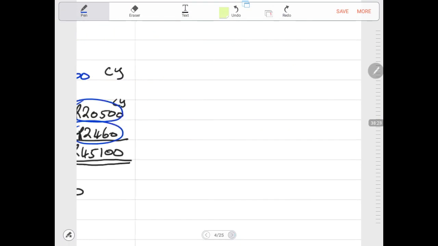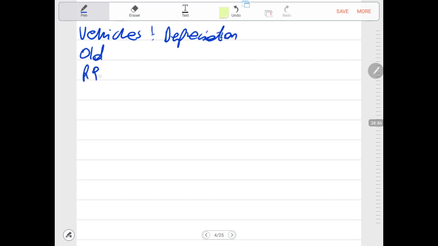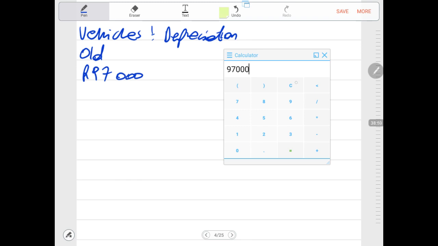So now let us calculate depreciation for vehicles. Now we are under vehicles and we are calculating depreciation for the vehicles. Now we need to calculate for the old ones. The old ones have cost the business 97,000 rands.